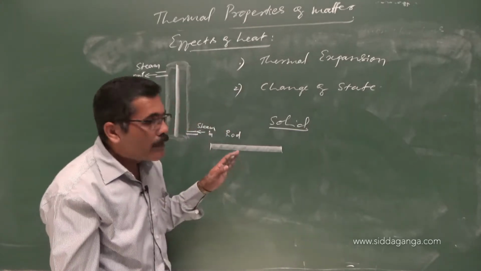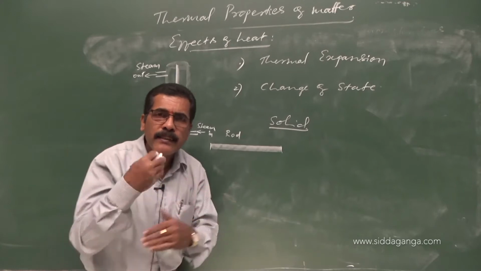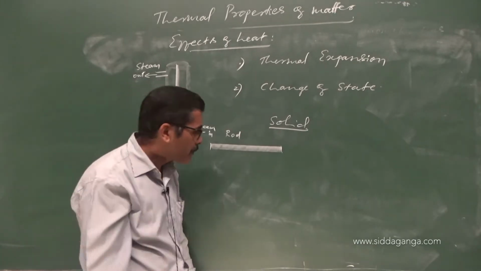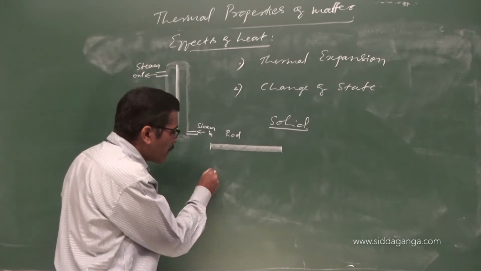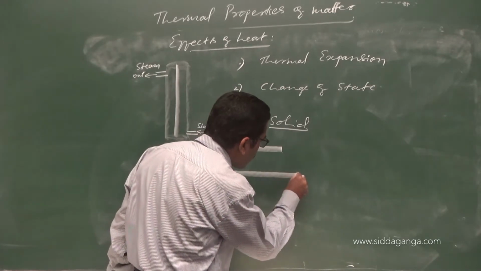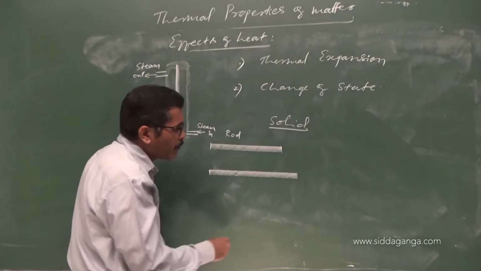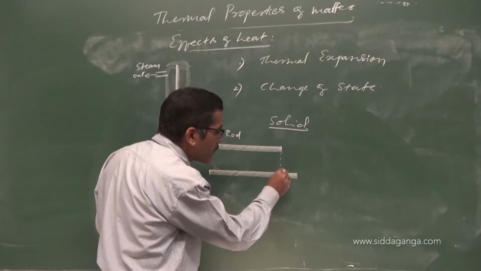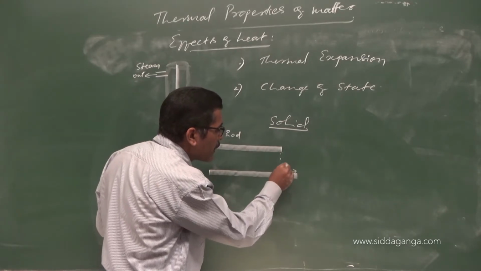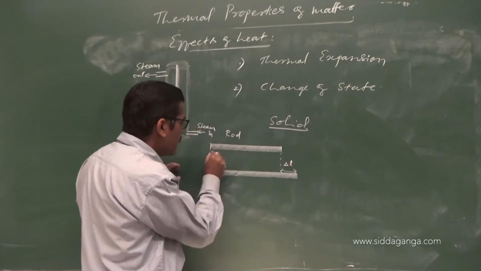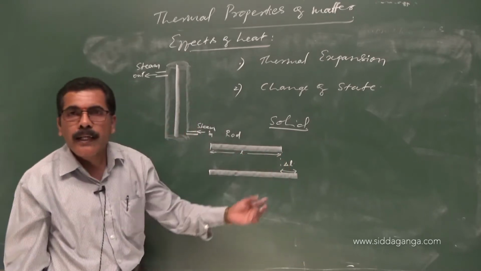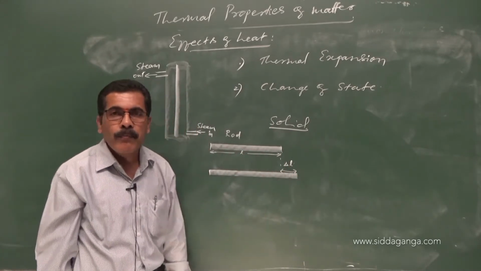If there is an increase in the length of the rod, a small increase in the length, this much increase, I take it as delta L. This is L, the actual length, and delta L is the increase in length.